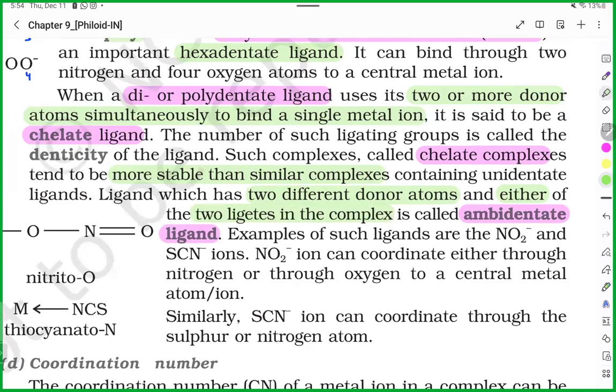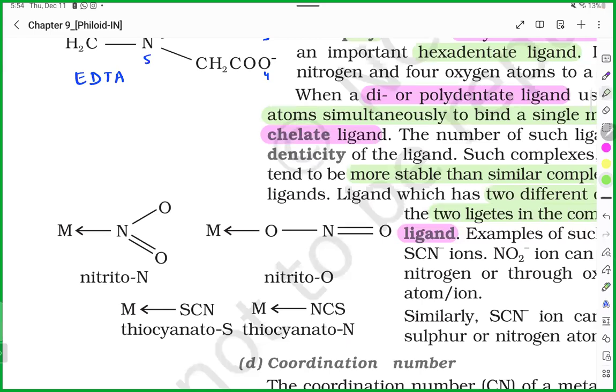Example, here you can see in NO2, nitrogen can donate to the metal or oxygen can donate. The compound name is exactly the same, but the donor site is different. It could be nitrogen or oxygen, same like mother or father. Nitro and nitrito. Same situation here: sulfur can donate its electron or nitrogen can donate its electron. Thiocyanato-S or thiocyanato-N.